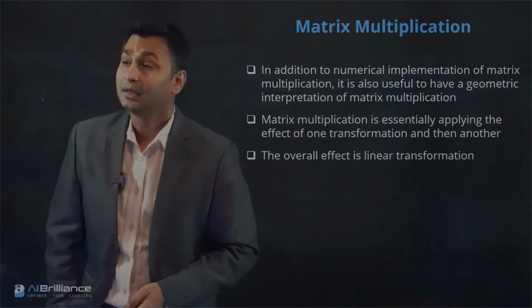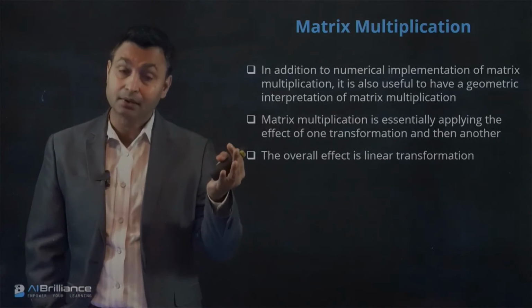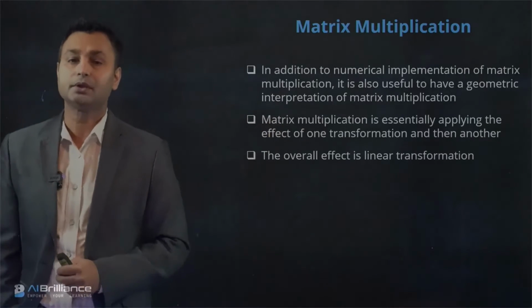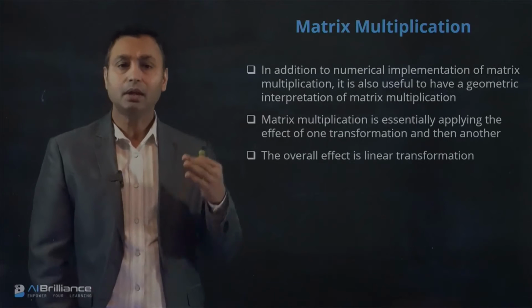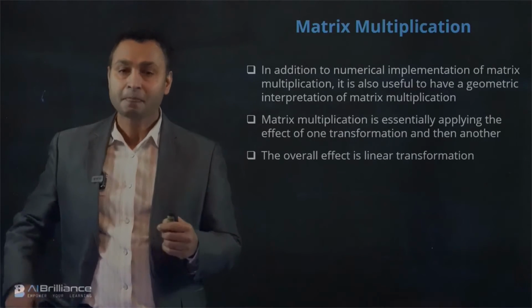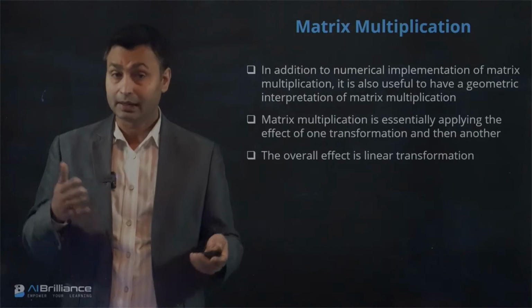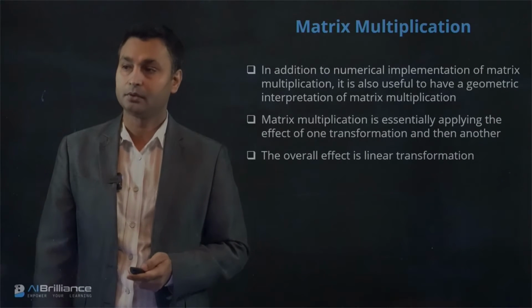So let's take this example a little bit further and try to understand what is happening geometrically. So we have understood the numerical implementation, and you might have come across the numerical implementation of matrix multiplication, but I think it's also useful to have some geometric intuition behind matrix multiplication. Okay, and as we talked, it's basically composing multiple different transformations together.